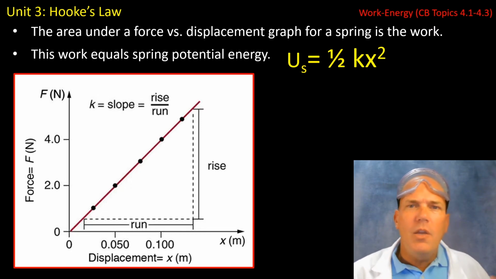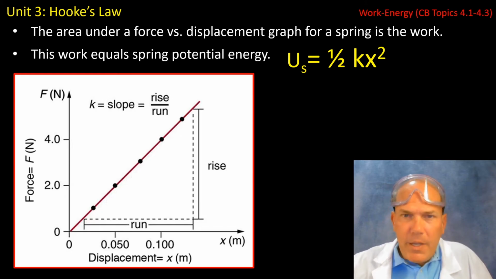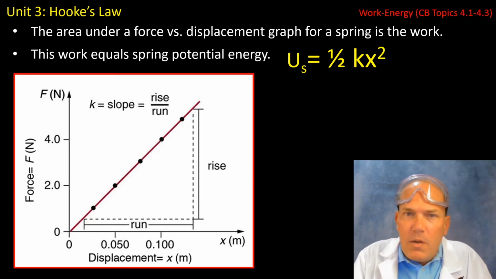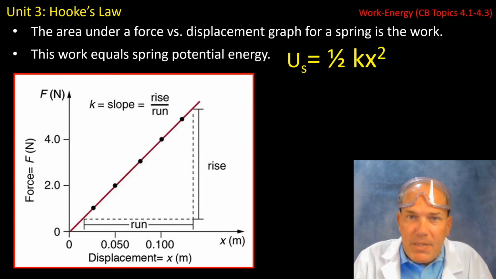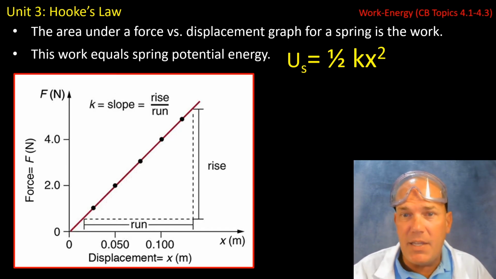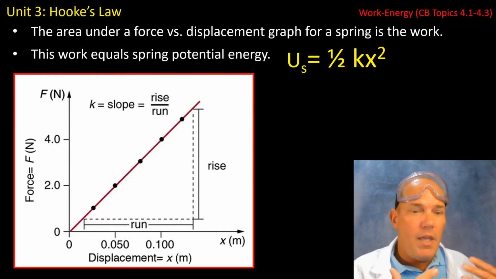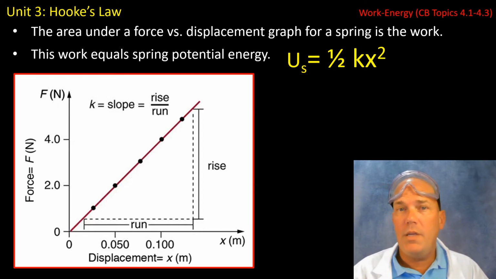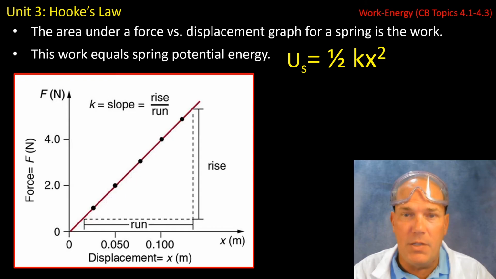So if I do work to a spring and compress the spring, well, now that work has been transferred into spring potential energy. Okay, that's what this is basically stating. So keep that in mind. The area under a force displacement graph will give you the work, which will give you the spring potential energy.